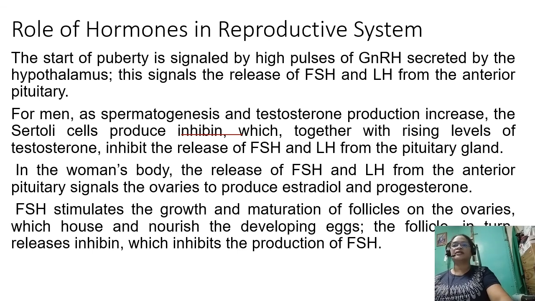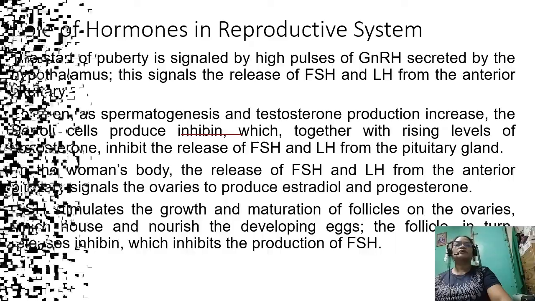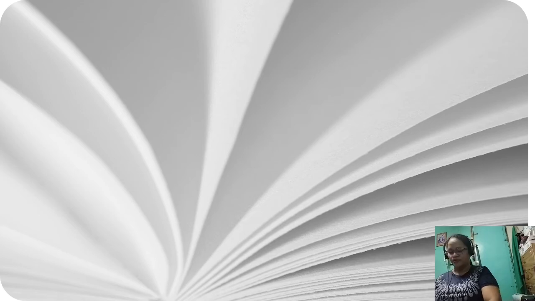The follicle in turn releases inhibin, which inhibits the production of FSH. So that is for our summary.